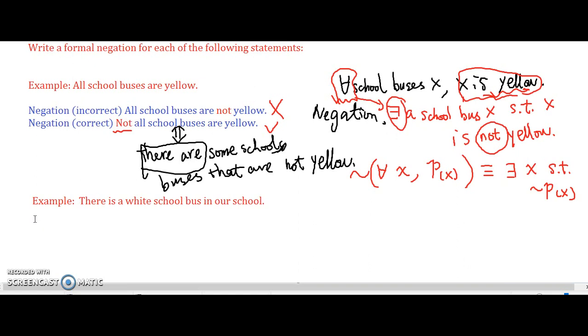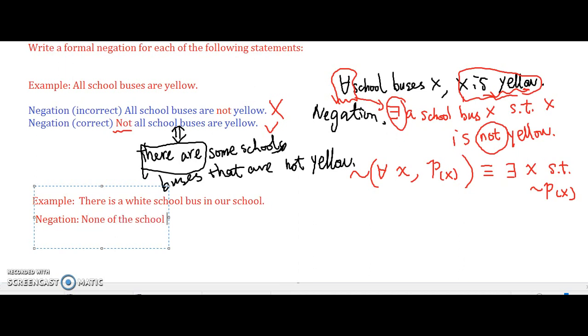There are many different ways to say that. Usually the way we're going to take will be: none of the school buses are white in our school. In other words, if we use mathematical symbols to describe it, it's like for any school bus X in our school, it is not white.